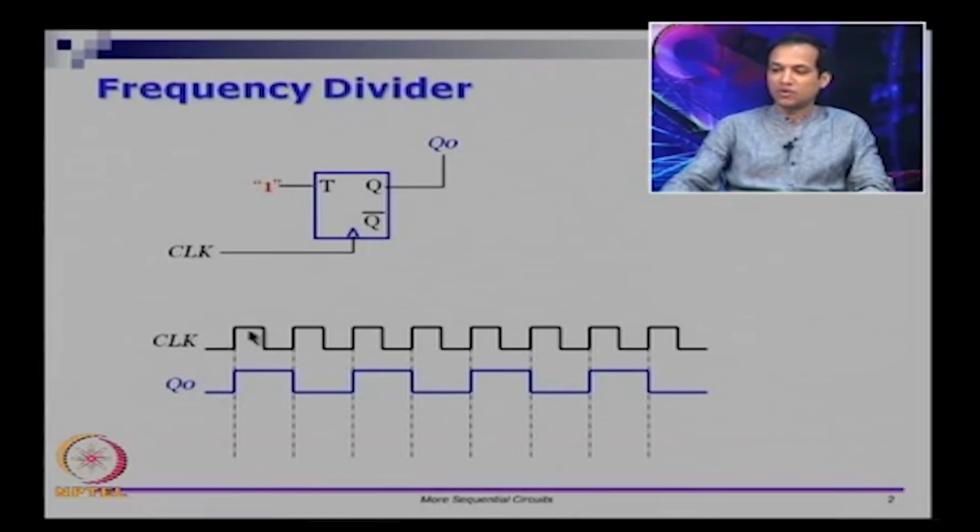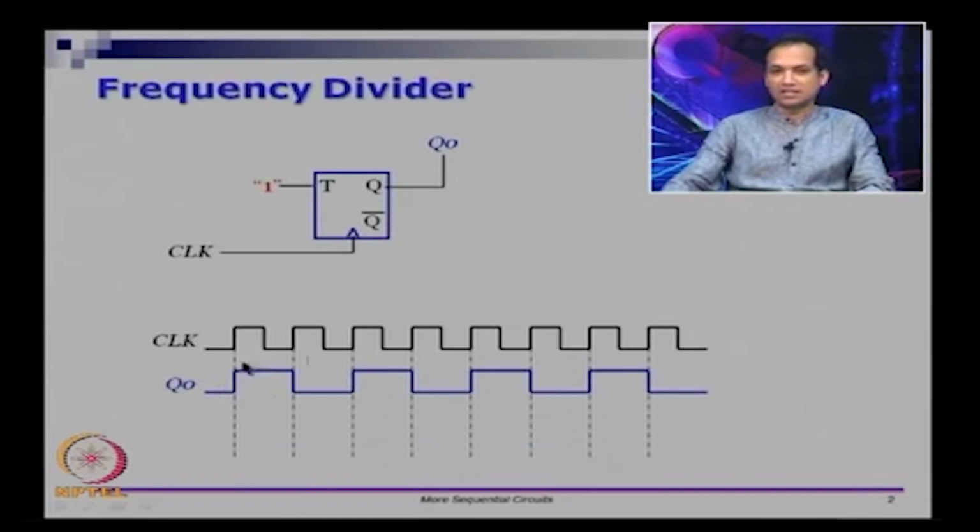So, if you have a clock signal of frequency f or equivalently time period 1 by f, what you are getting here is a frequency of f by 2 or equivalently time period 2 by f. Therefore, we can say that Q0 is a signal that is dividing the input clock frequency by 2. You take the frequency of the clock and divide by 2, that is Q0.